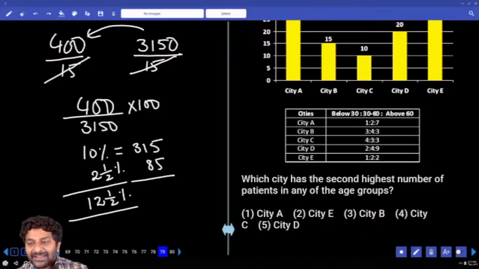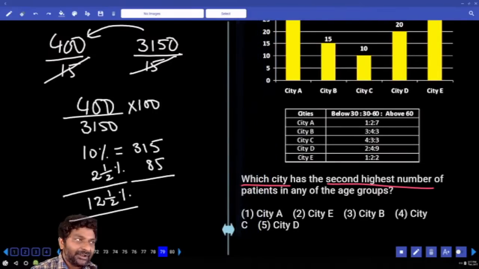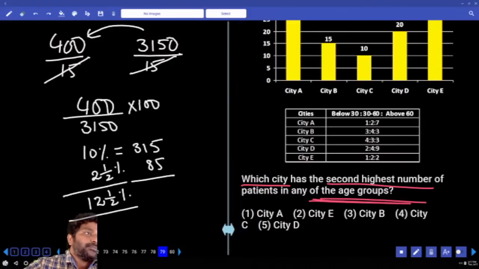Which city has the second highest number of patients in any of the age groups? What is needed? Second highest. Which city, they said? Is it about total patients or any particular category? Come on. It is under any group.